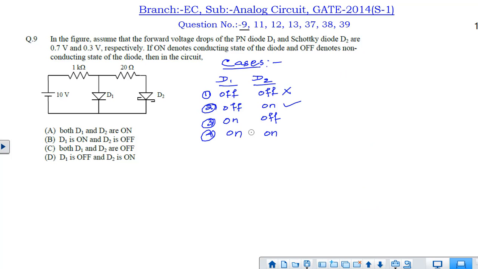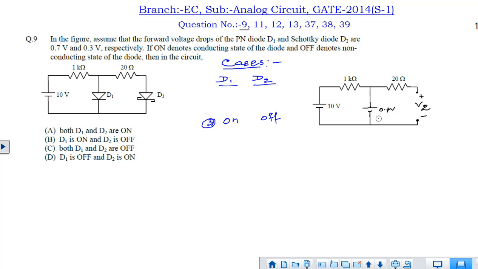Then the third condition is when D1 is on and D2 is off. In this case, the circuit will look like this: 0.7 volt, and there will be V2, which will be represented as open circuited. But here, you can see this voltage V2 is the same as 0.7 volt, because there is no current flowing through the 20 ohm resistor.